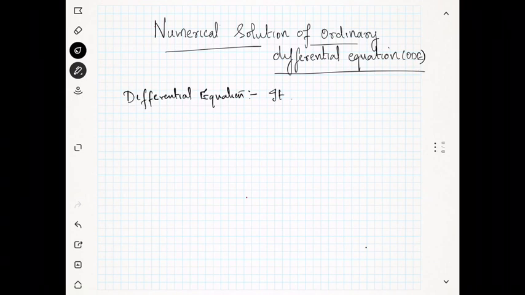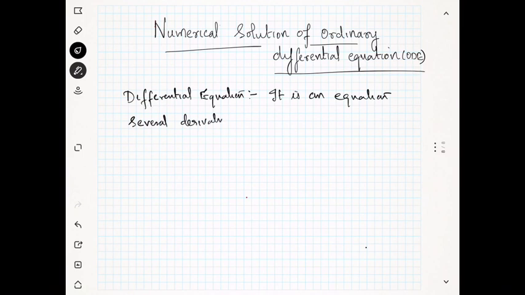It is an equation with several derivatives of an unknown function. Or we can simply say that it is an equation with derivatives.